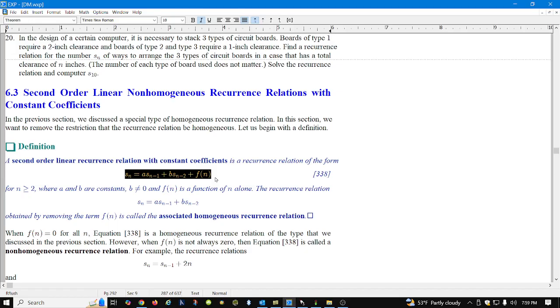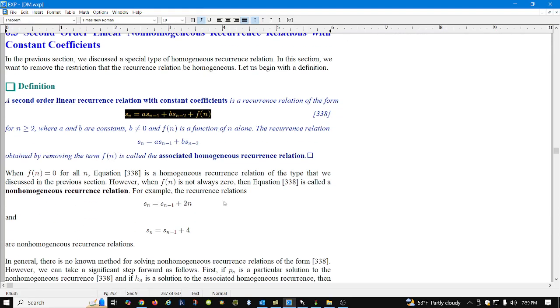And there's an interplay between these two that we're going to discuss in a minute. So here's an example of a non-homogeneous recurrence relation of this type, because f of n is 2n. In this case, f of n is 4. It's independent of n, so both of these are non-homogeneous recurrence relations.